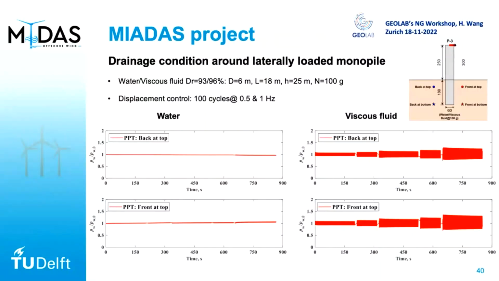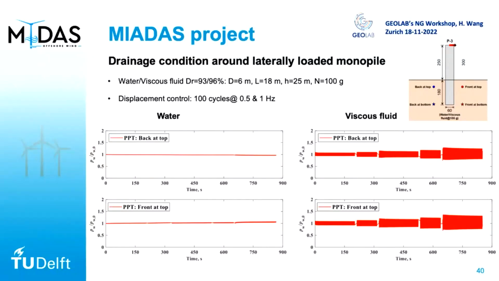We did some calculations, because for us it's not that dynamic, it's consolidation related. So even if we use viscous fluid, we are still far slower than the field. But the good thing is that for offshore wind, the normal frequency is around 0.1 hertz, so we are about 10 times slower.